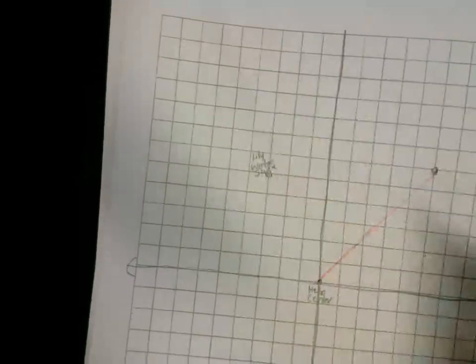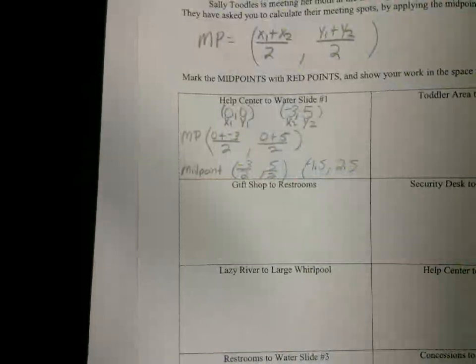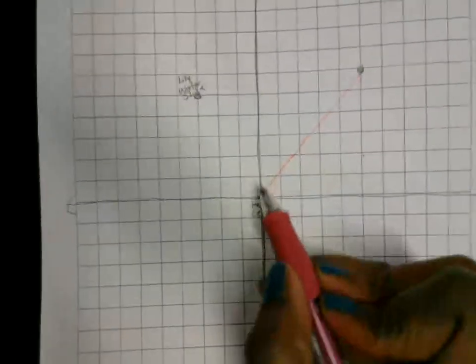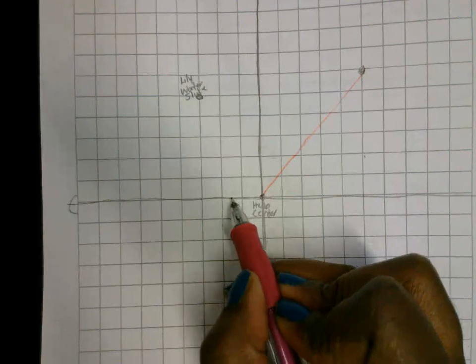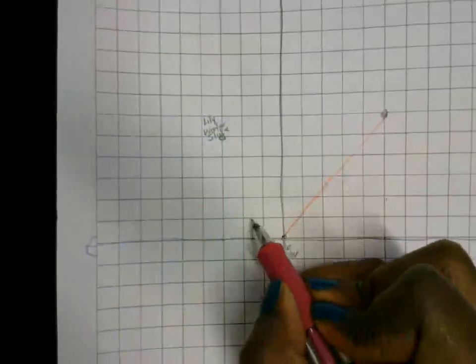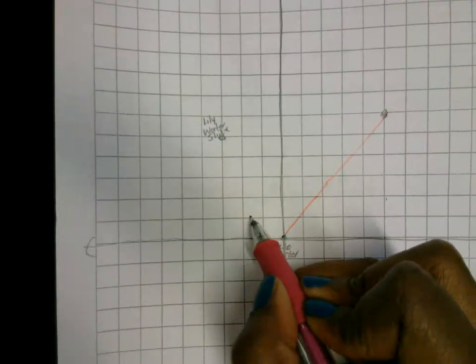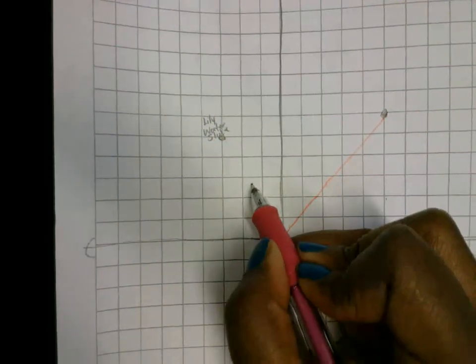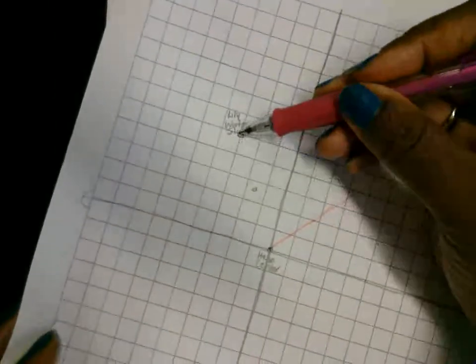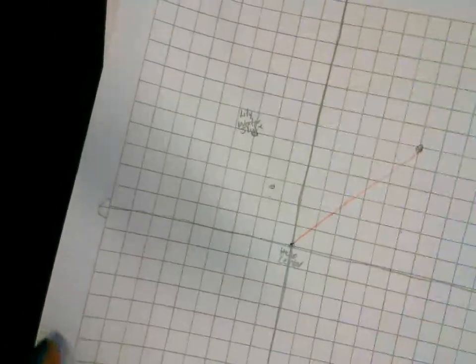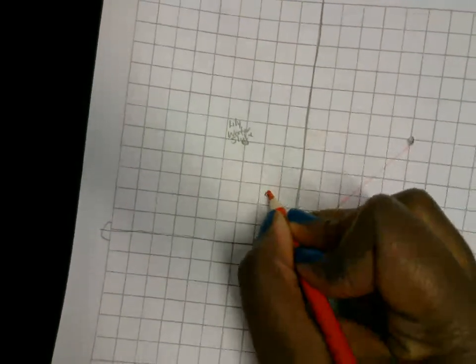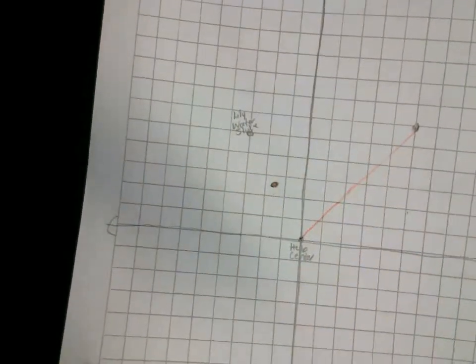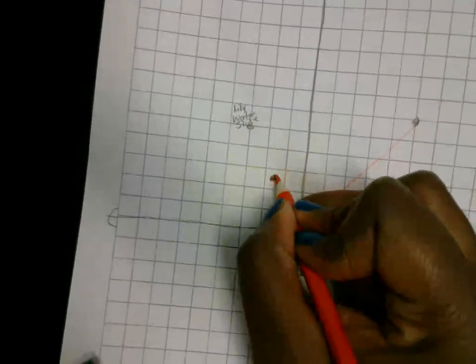Okay, so the point that's in the middle between these two points is at negative 1.5. So this is negative 1.5 is here, and then I go up to 2.5. 2.5 is right here. And that's the point. If you can see, that's the point that's in the middle. And I'm going to label it red. Okay, so I'm going to make sure that I color it red with my colored pencil. I could have done a better job with that, but that's red.